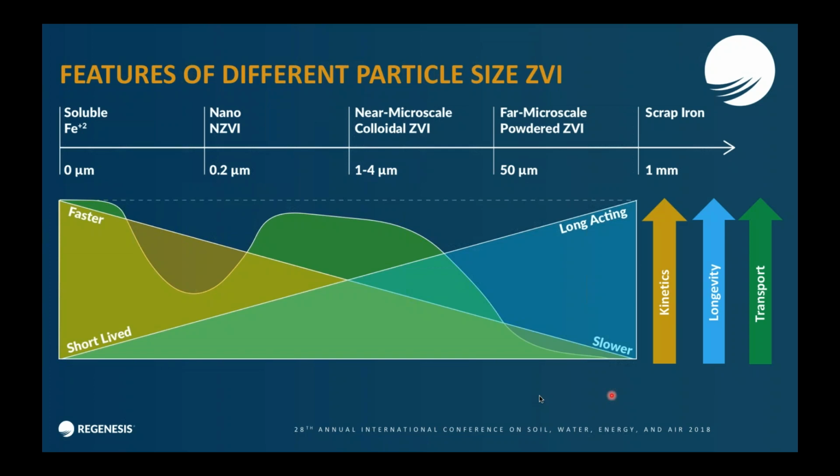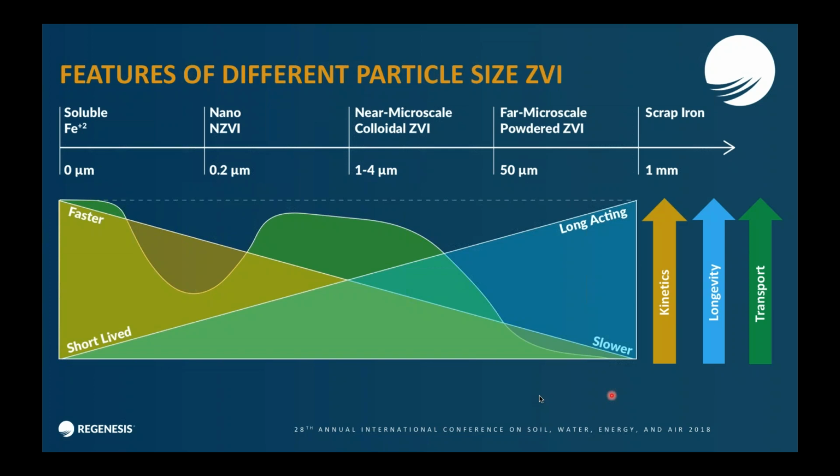Somewhere around a micron or 2 appears to be the best size for being able to get a good suspension of the materials, and to inject them at low pressure through the pore throats of the sand to get a good plug flow distribution.